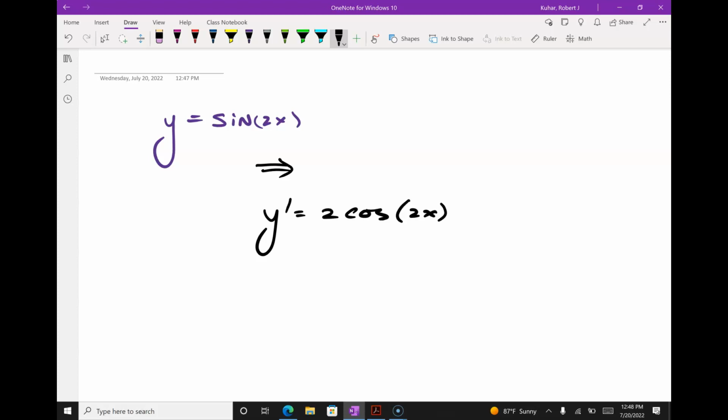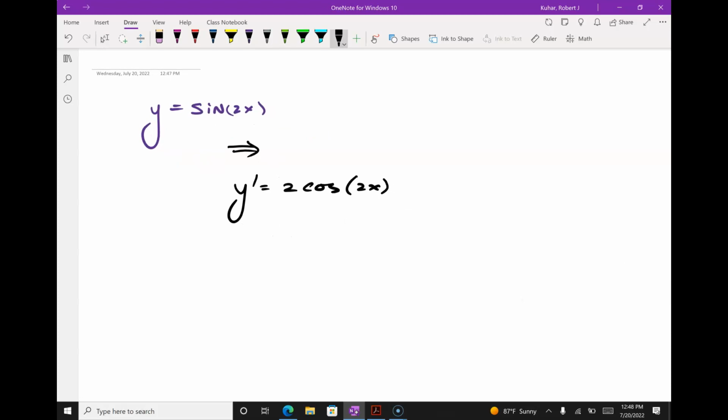Okay, let's do this one with product rule. So sine 2x is what? The trig identity. Sine of 2x is what? Yep, keep going. Nice.